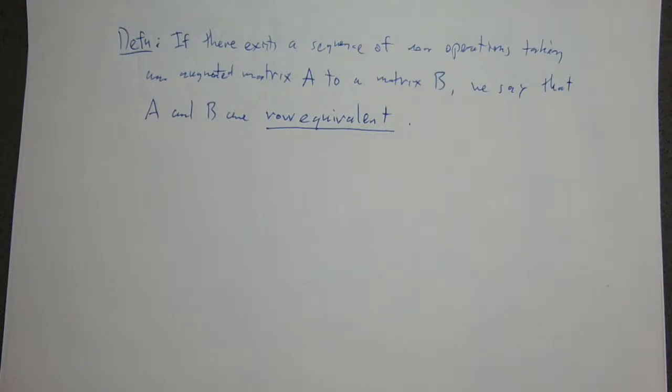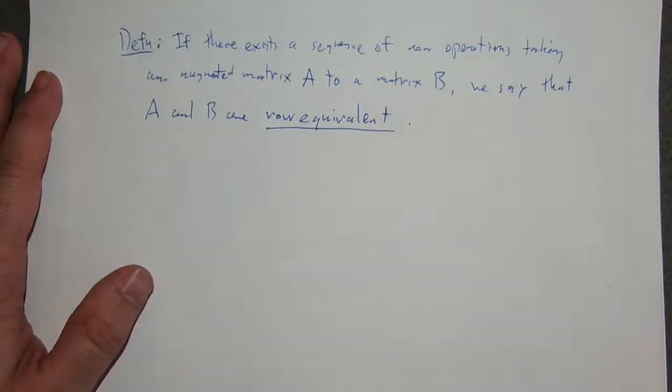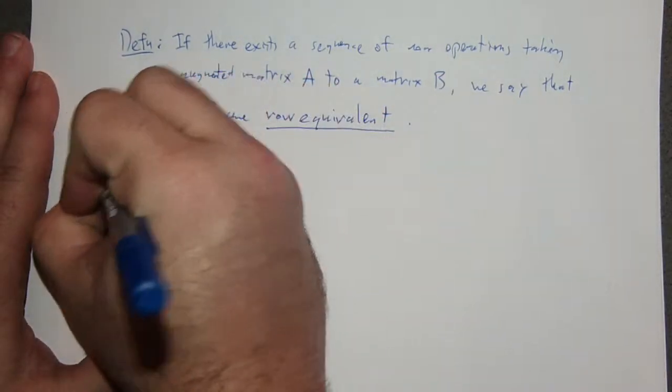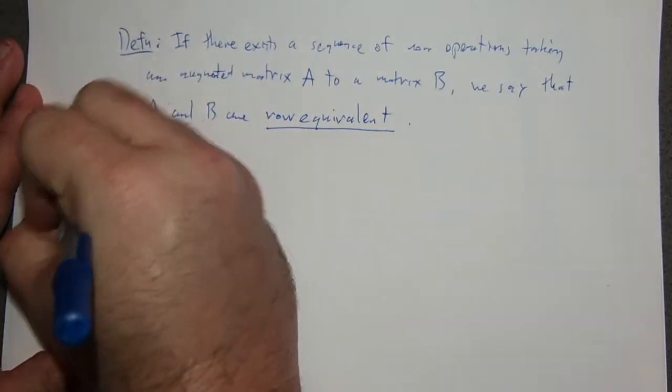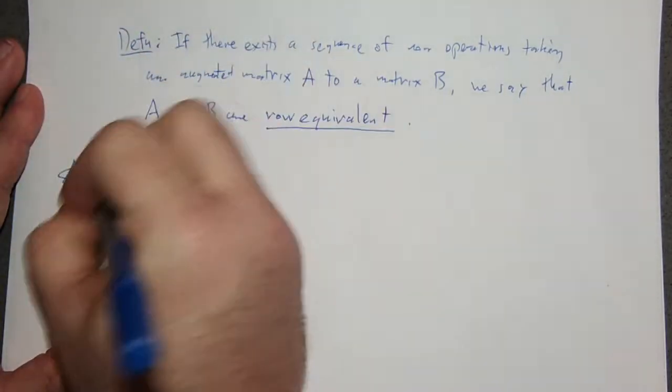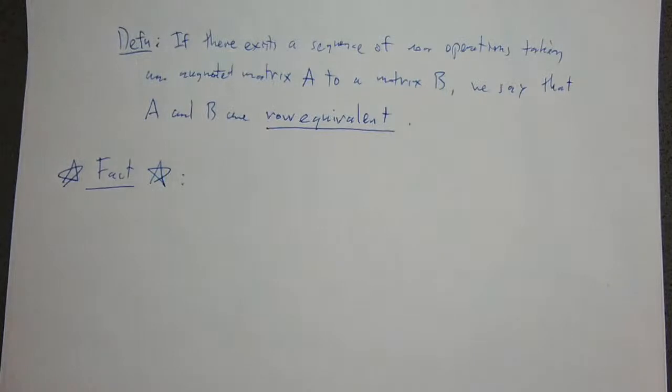So what is the nice thing about being row equivalent? There's a fact that is kind of the central fact in why we do all this stuff, so it's very important. That's why I put the stars there.